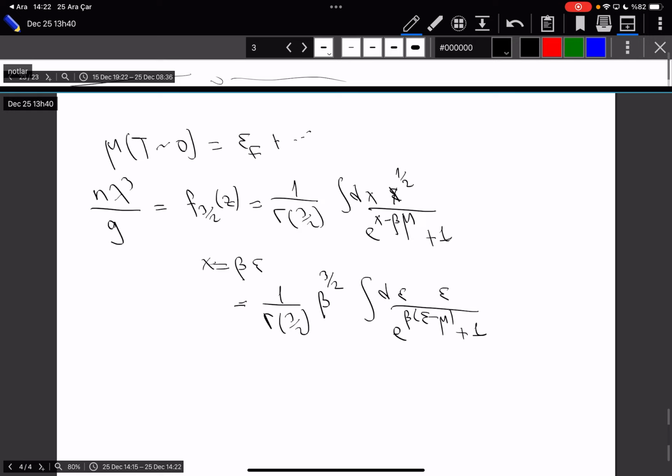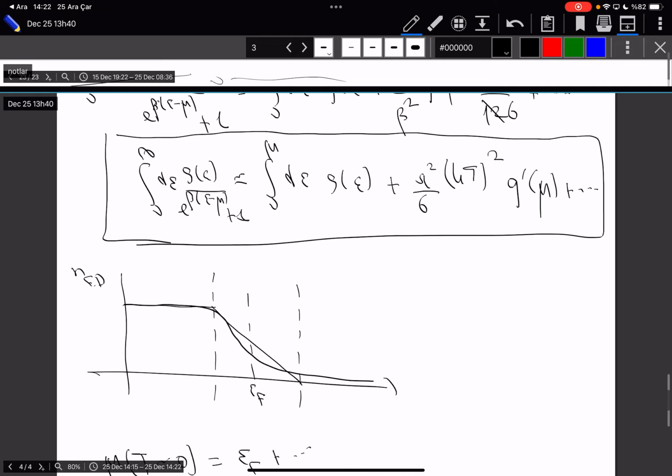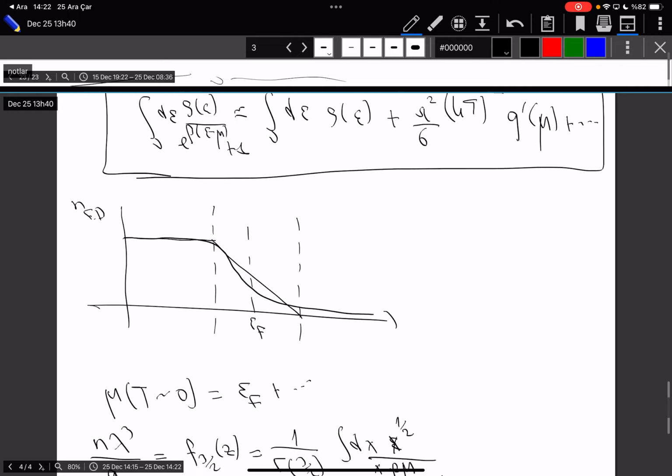In this expression, g of mu is square root of mu. G prime of mu is 1 over 2 square root of mu. So now I can just use this approximation.